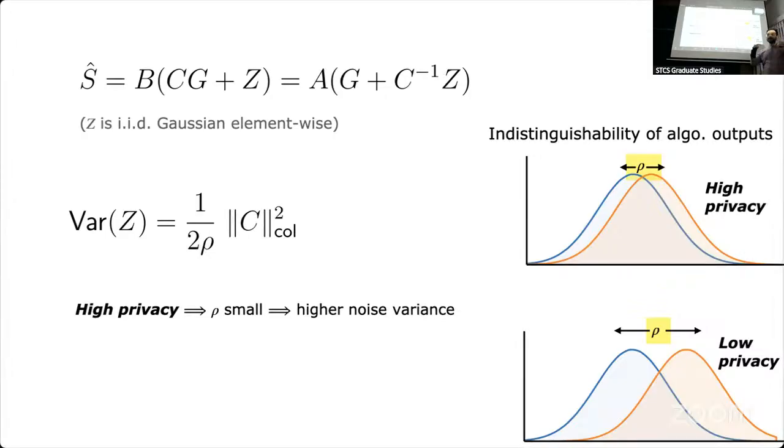A large gap means more information is potentially leaked about the data point, which is the difference between the two data sets, right? So if rho is large, it's the low privacy regime. If rho is small, it's a high privacy regime, right? And if rho is small, that means our variance is going to be larger, which kind of makes sense. We don't get privacy for free. We have to add more noise if we want more privacy. So that checks out. That generally shows up in every differential privacy guarantee.